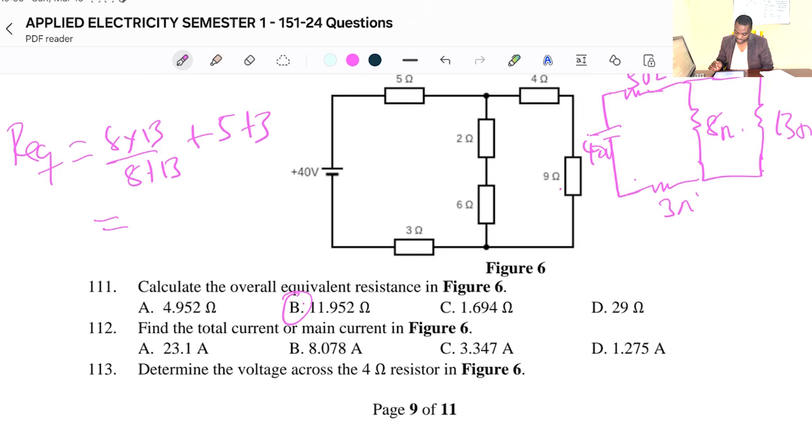Find the total current or main current in figure 6. Once we know the equivalent resistance, we can get a simple circuit diagram.